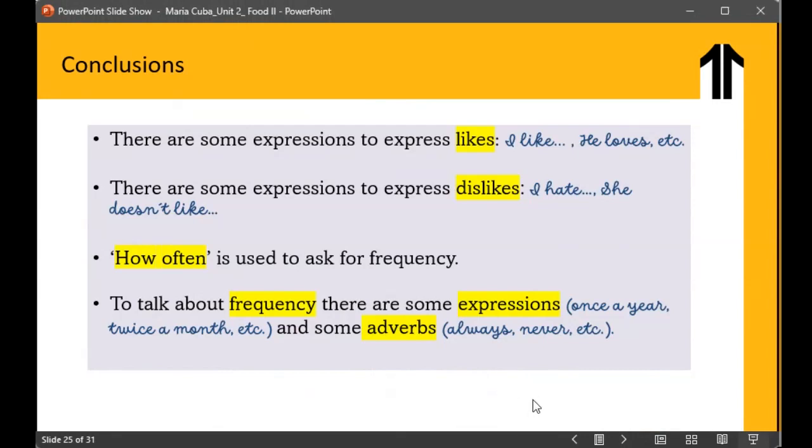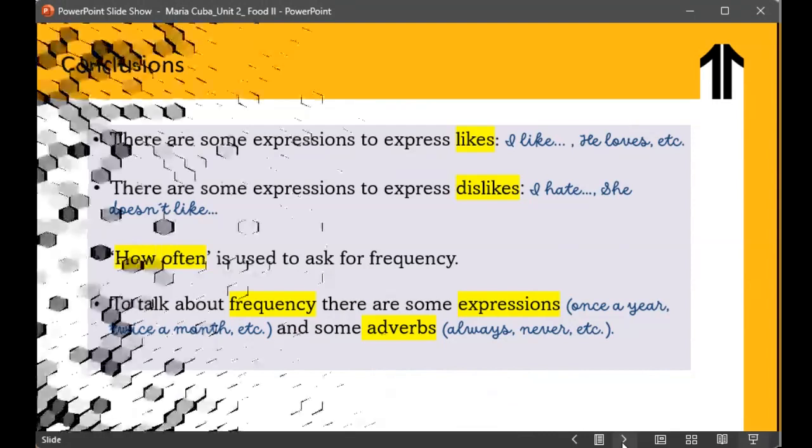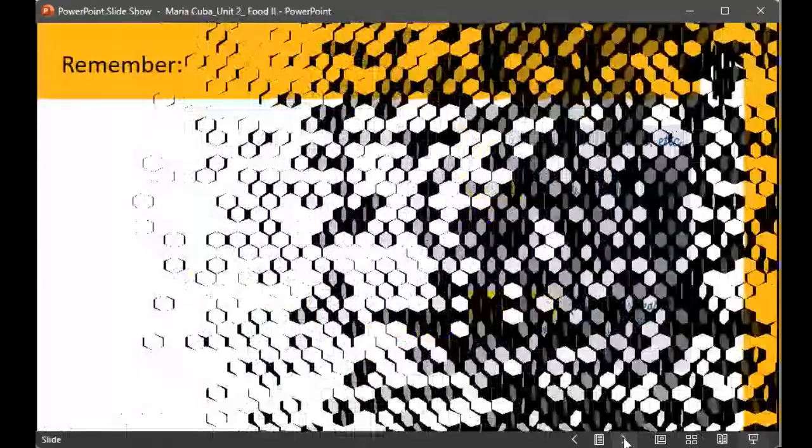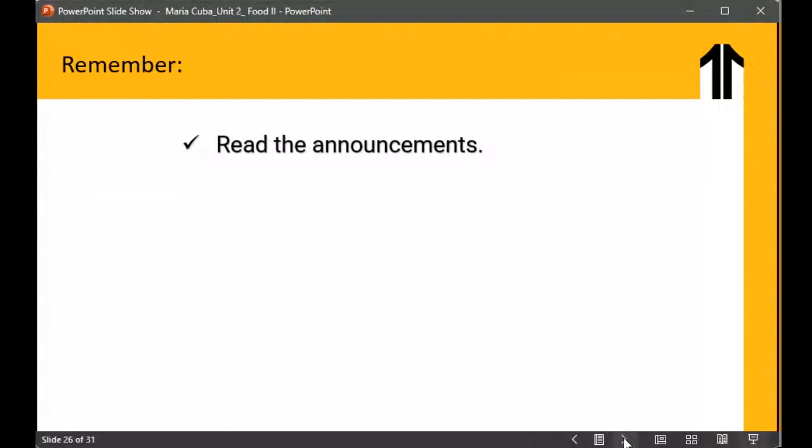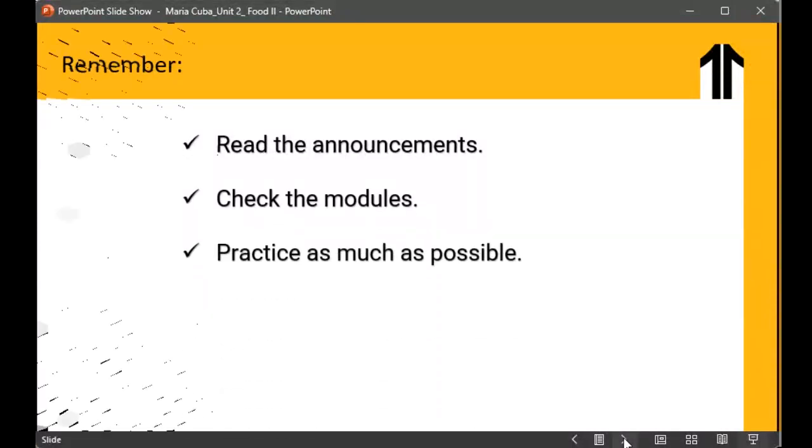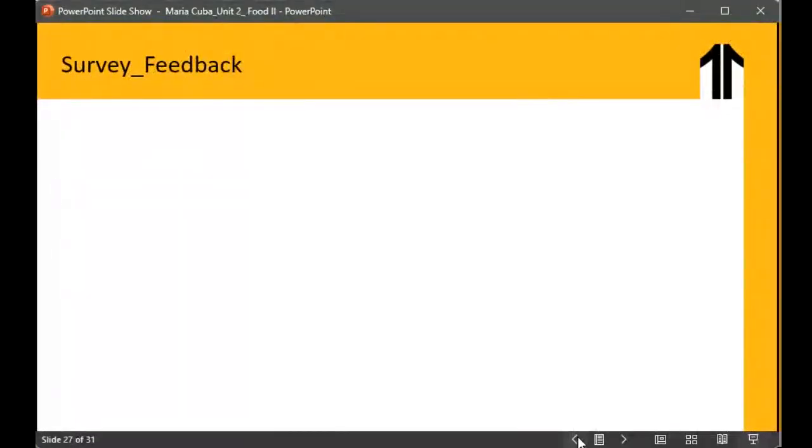Just in case. You were talking about the WhatsApp group. Okay, well, read the announcements, check the modules, practice as much as possible. And talking about the WhatsApp group, el 14382, recuerden que aquí en esta sección están 3 clases.